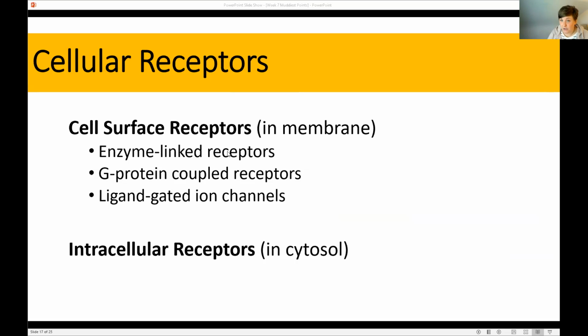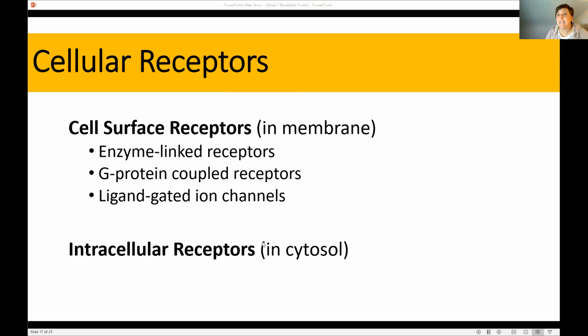Some signals, especially hydrophobic or non-polar signals, for example steroids like estrogen and testosterone, because they're nonpolar, can pass directly through the membrane.